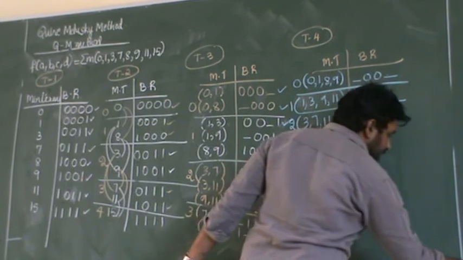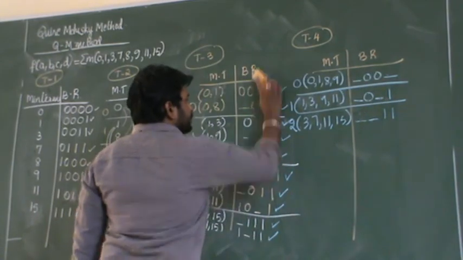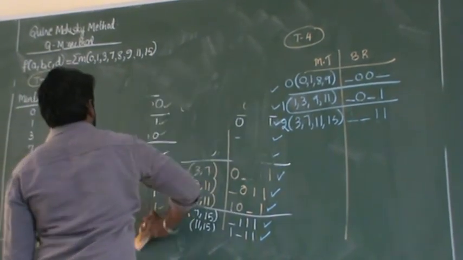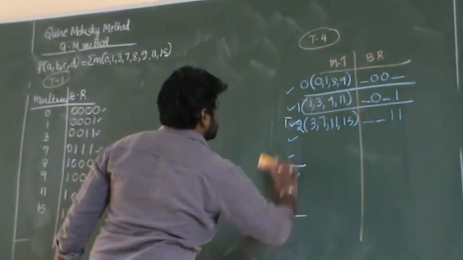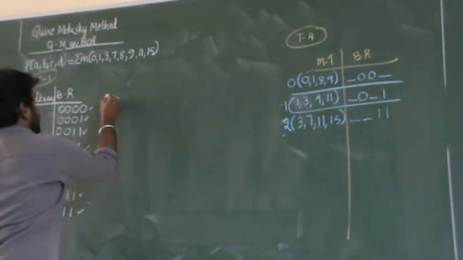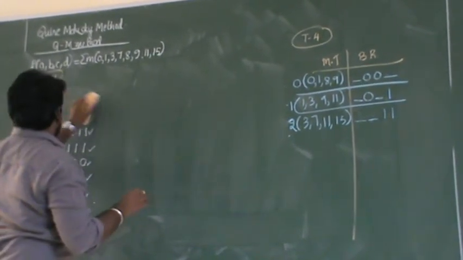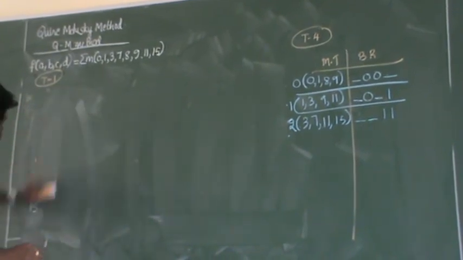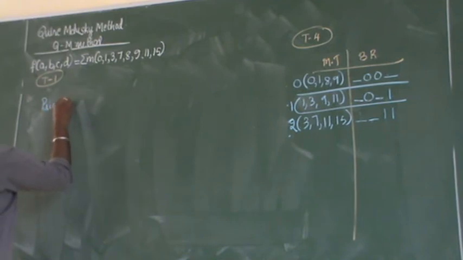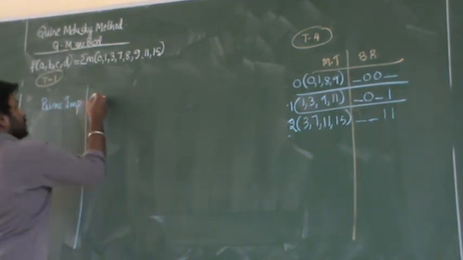So now the next thing I have to write is, I will erase all these things. So you have to write the prime implicants. Let me erase this also. Okay. So the prime implicants. Next step will be the prime implicants.